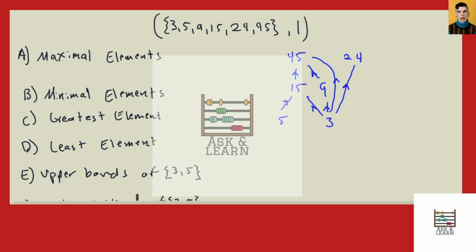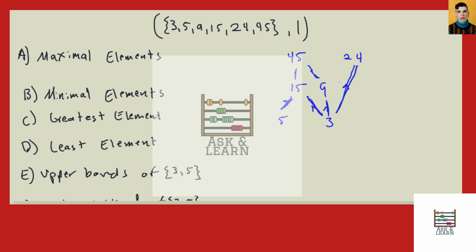Well, we don't need that one. 3 divides 9, which divides 45, but we also have 3 dividing 45, so we can get rid of that one there. So this here would be our diagram, and we would just erase the directions on all these. But I'll just leave the arrows because it really won't matter all that much.